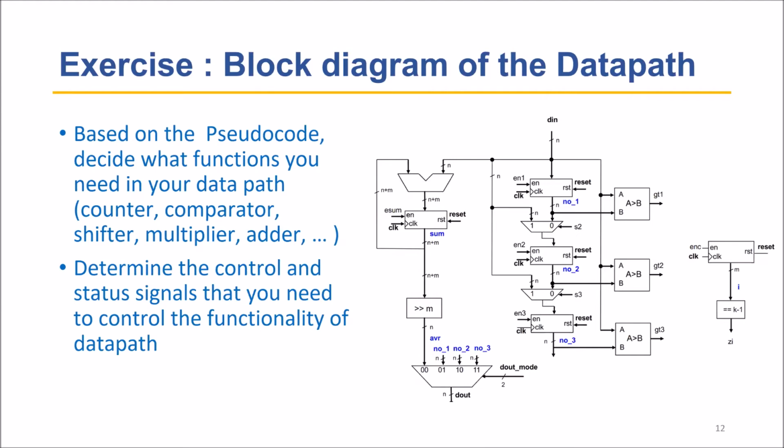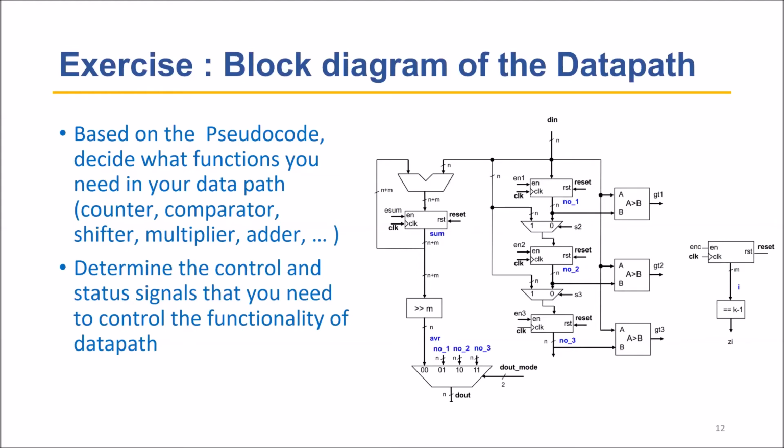We need a multiplexer at the output to help us output the correct value based on the dout_mode. We need 3 registers for saving the 3 largest values. Also, we need another register to keep track of number k for loop iteration.